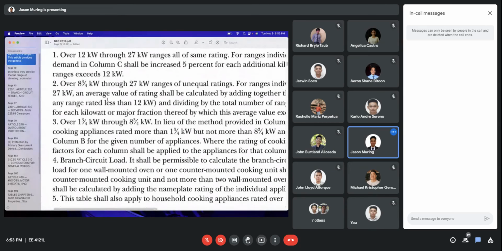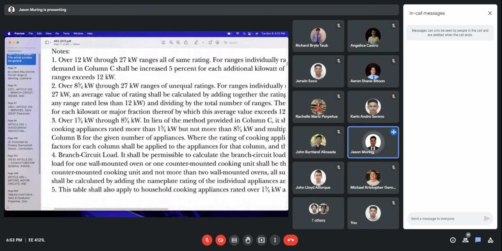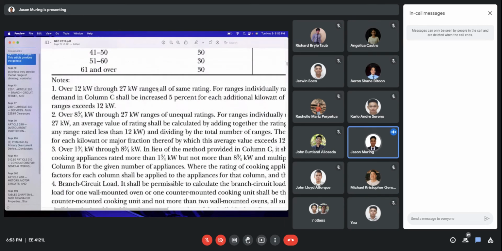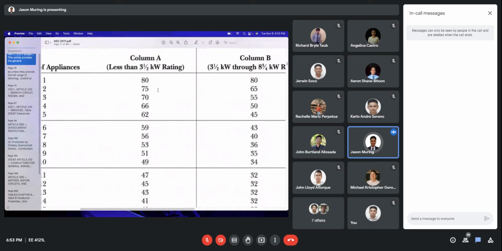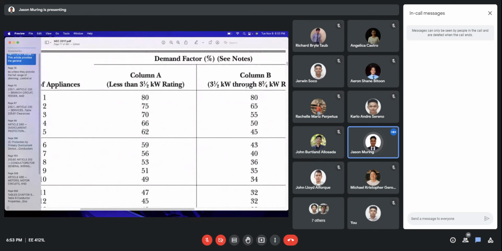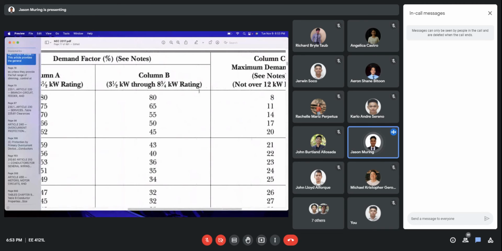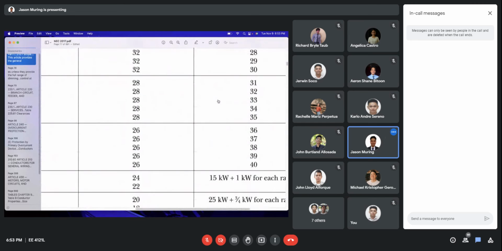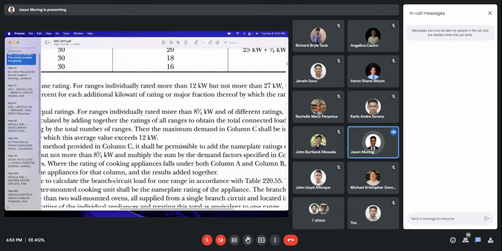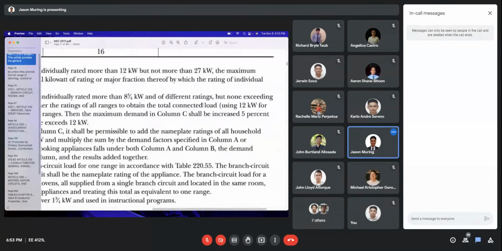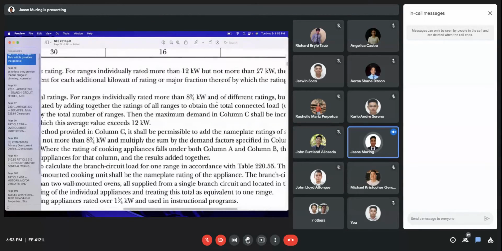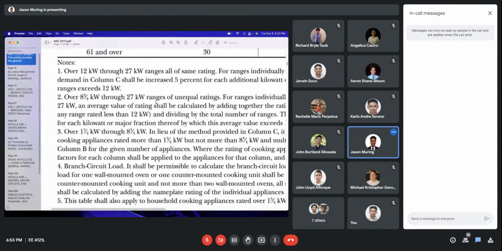For example, note 2. Let's apply it. Over 3/4 kilowatt through 27 kilowatts, ranges of unequal rating. Meaning it probably belongs to column C because it's over 3/4. Then they have unequal ratings but none exceeds 27 kilowatts.